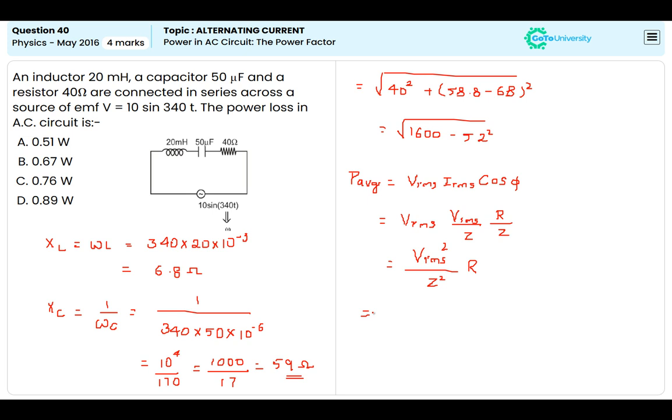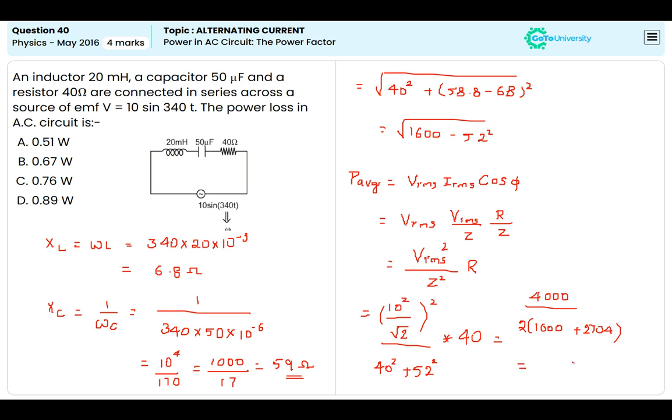By substituting the values, we get 10 square divided by under root of 2 whole square, divided by 40 square plus 52 square, into 40, which is equal to 4000 divided by 2 times 1600 plus 2704.